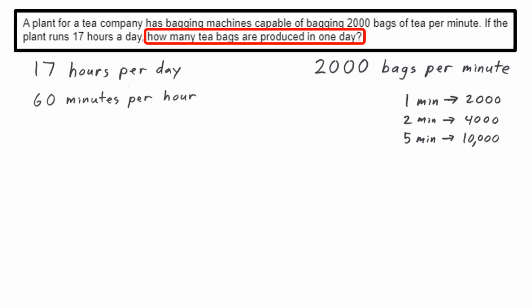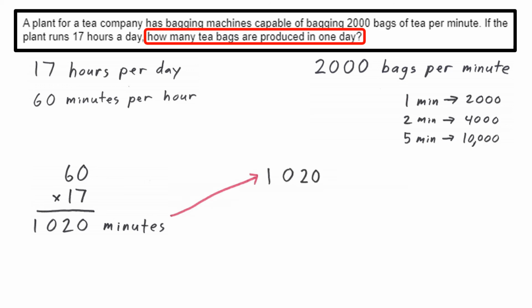Recall that there's 60 minutes per hour. So if we multiply the 60 minutes times the 17 hours that the plant is operating, we can see that they operate for a total of 1,020 minutes. If we take those number of minutes and we multiply it by the number of bags that are being produced in each of those minutes, the result is 2,040,000.